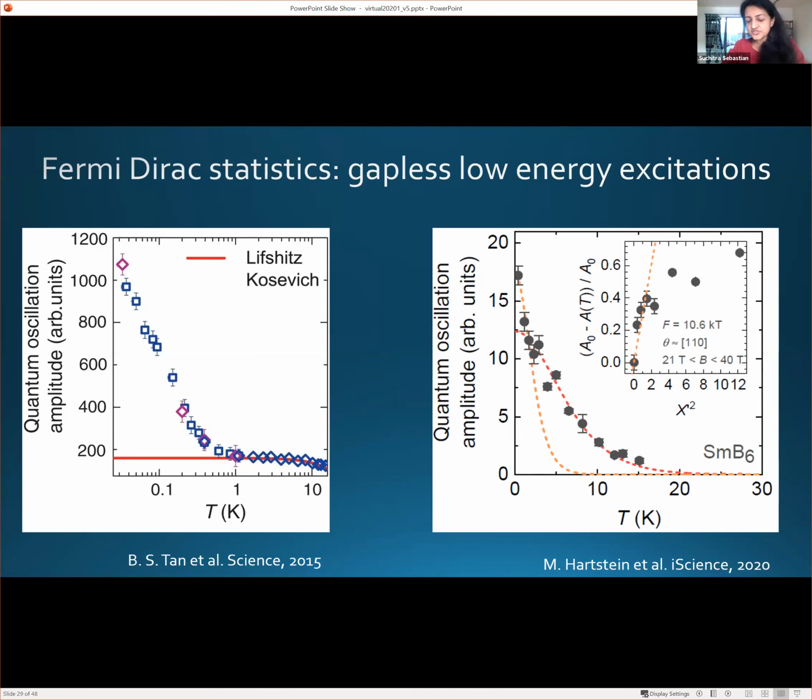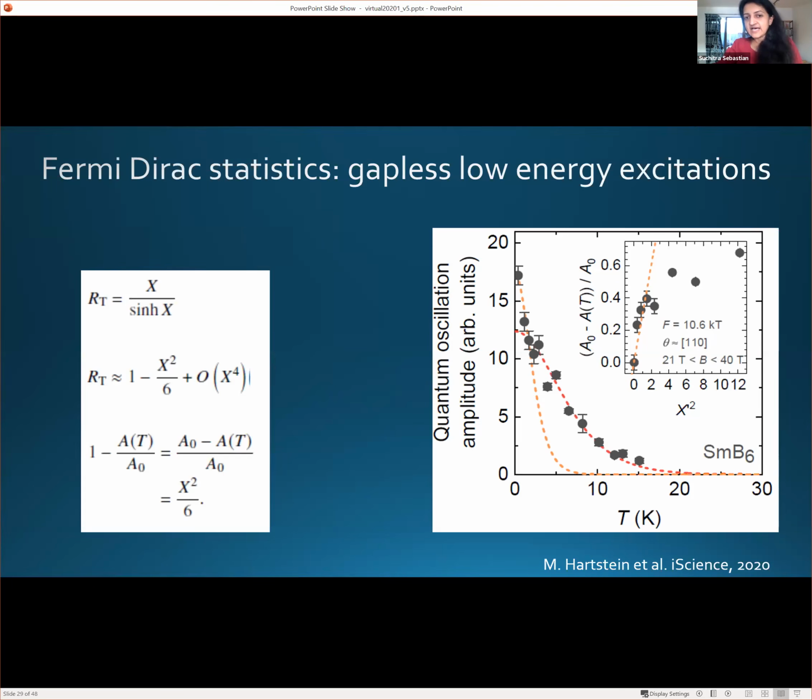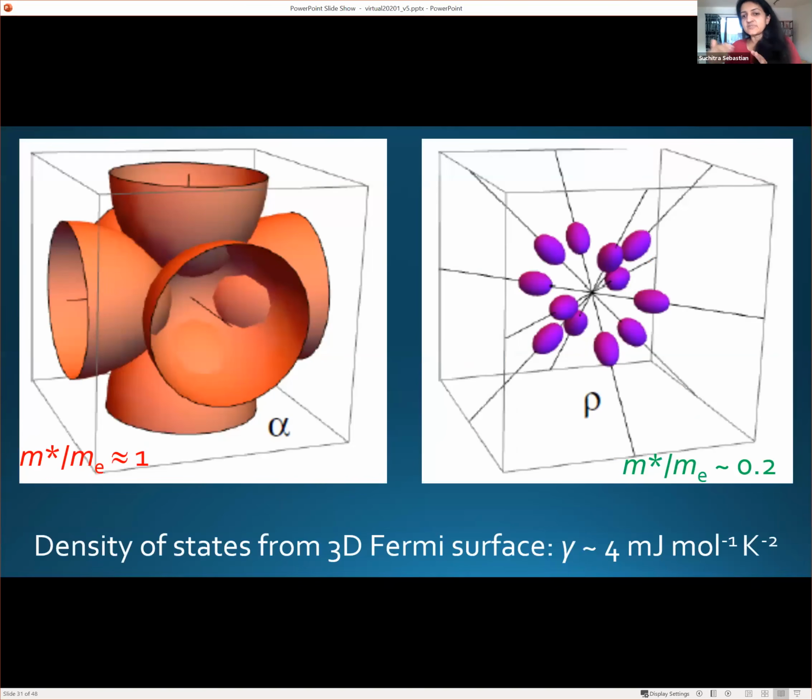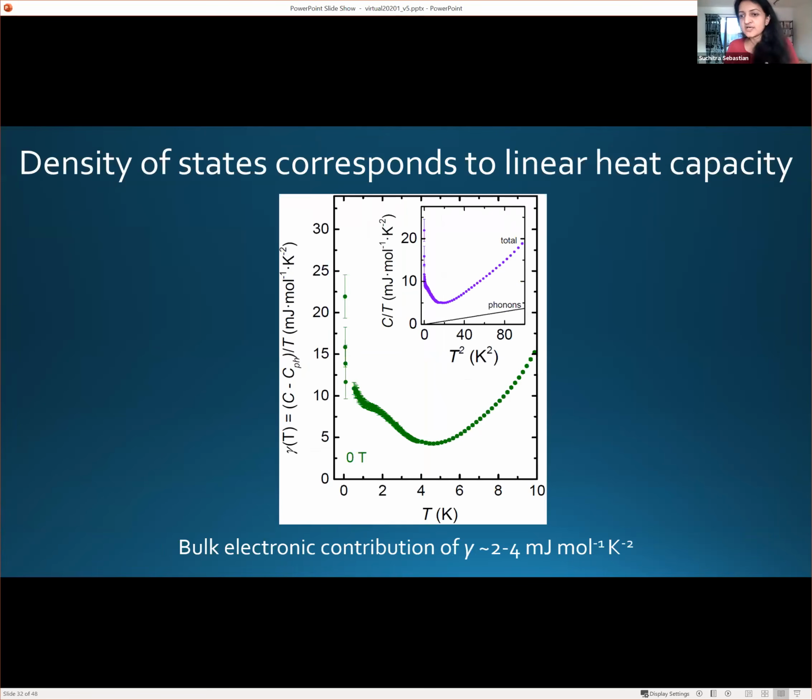So I agree that just the observation of quantum oscillations doesn't translate into the observation of a Fermi surface, but there are complementary measurements and analyses from which we conclude that it's consistent with these oscillations arising from in-gap low energy excitations and not from the gapped model.